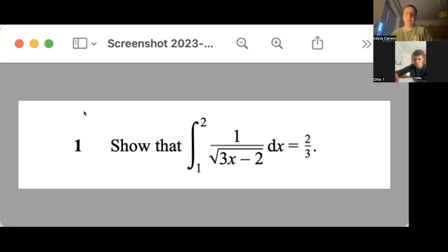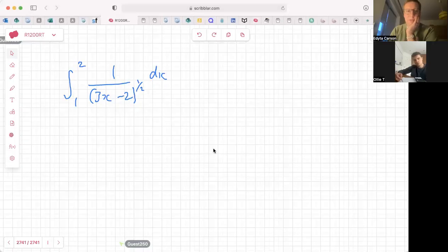So we can do that to start off with. Let me write that down, and then I'll just switch the screens. So the integral of 1 over (3x minus 2) to the half, dx. Which you should be able to see.